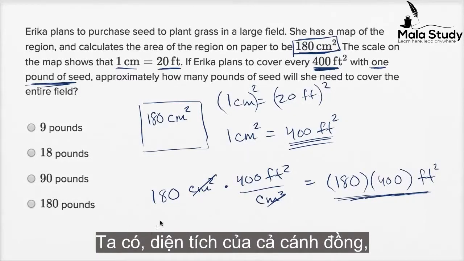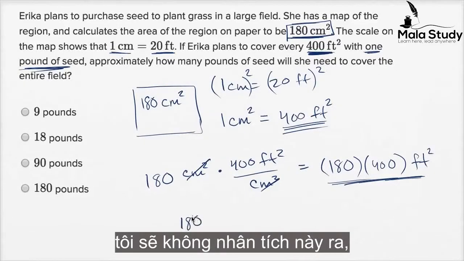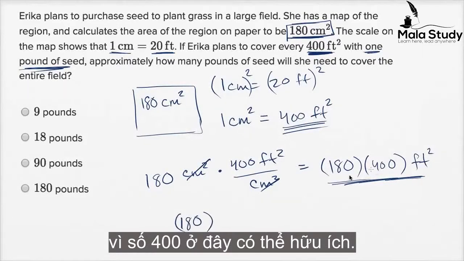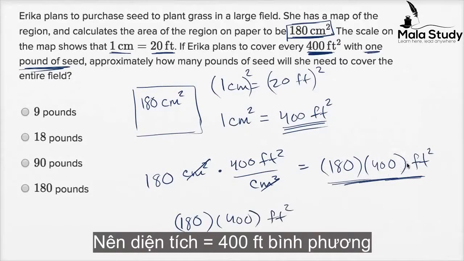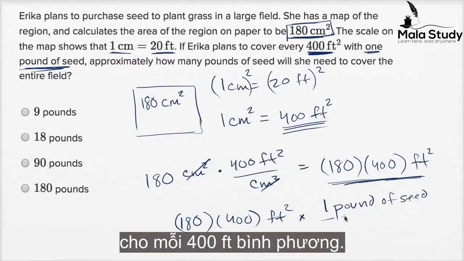So let's see, the area of the entire field, let me give myself a little bit more space, is, and I'm not going to even multiply it out because this 400 is showing up, so this seems useful. So the area is 180 times 400 feet squared. And we're going to use 1 pound of seed for every 400 square feet.